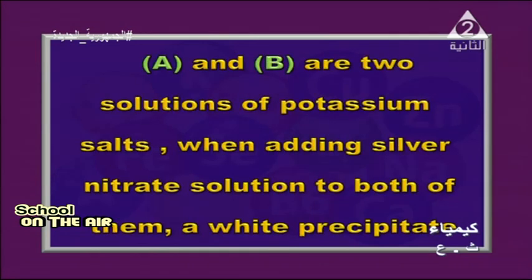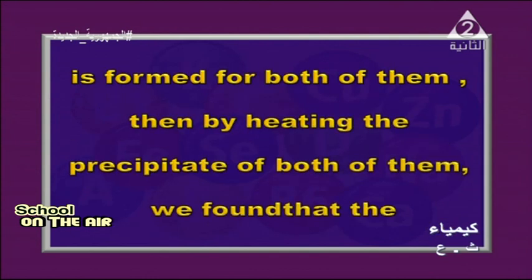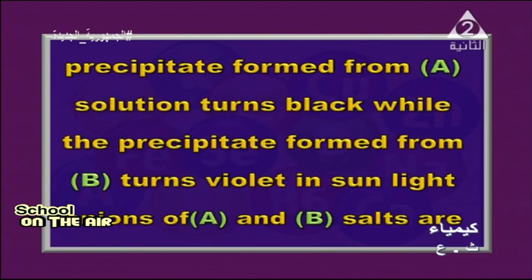Next one. Here A and B are two solutions of potassium salts. When adding silver nitrate solution to both of them, a white precipitate is formed for both. Then by heating, we found that the precipitate formed from solution A turns black, while the precipitate formed from B turns violet in sunlight.